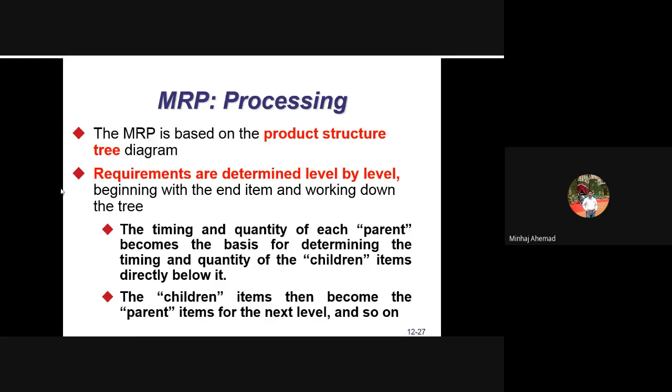We have seen the parent and children item. If the product is considered as a parent, the subassembly, we can say S1, S2, whatever, and then the components in that subassembly are termed as children.